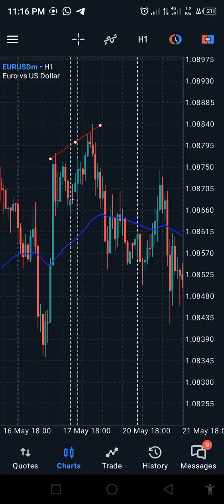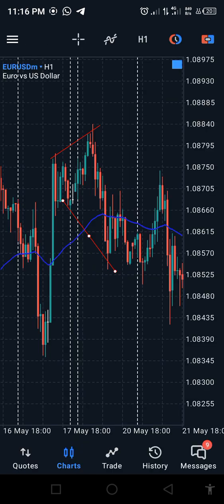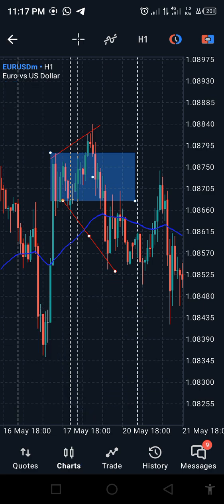So you see that we find some patterns more commonly than others, like double tops, double bottoms, Quasimodos, flags, but head and shoulders, cup and handle, those patterns are much more difficult to find, or not common to find.